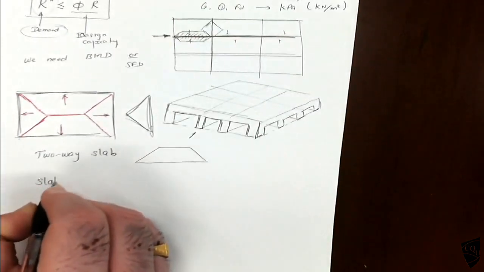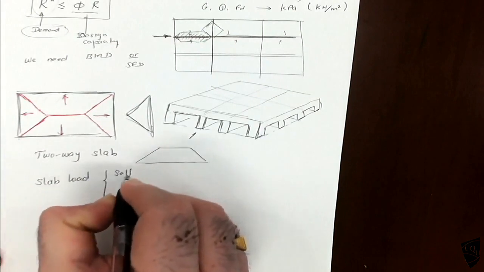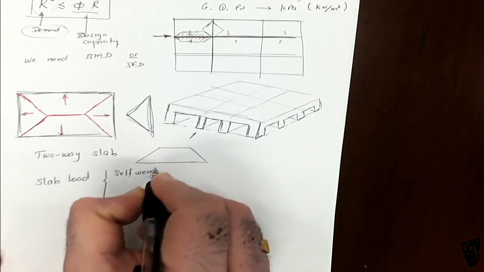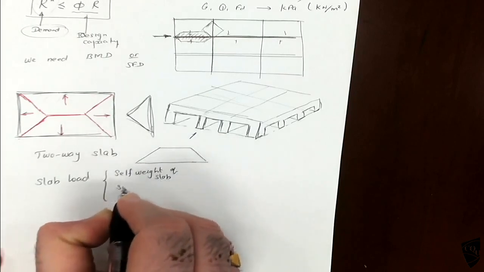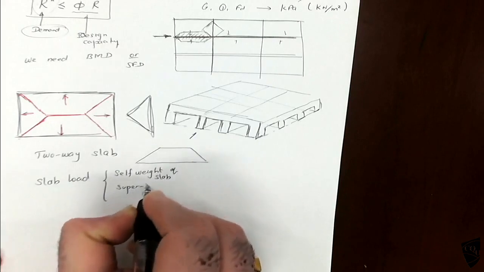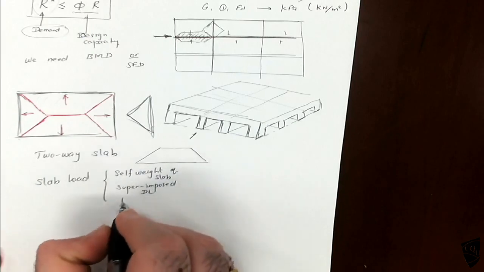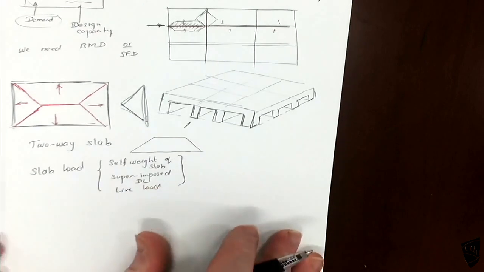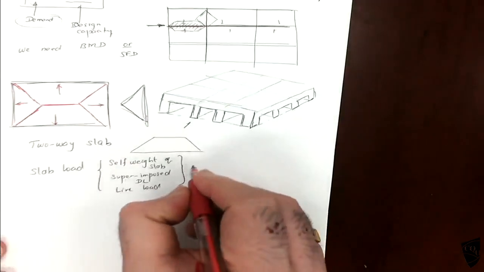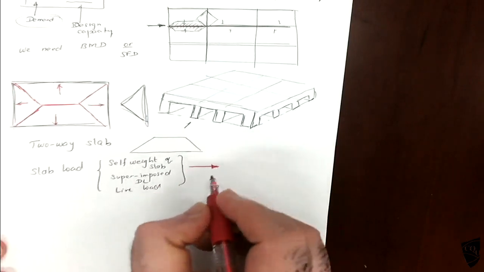So for the slab loading, technically self weight of the slab, superimposed dead load, live loads. These are the loads in the slab. Will transfer to beam.